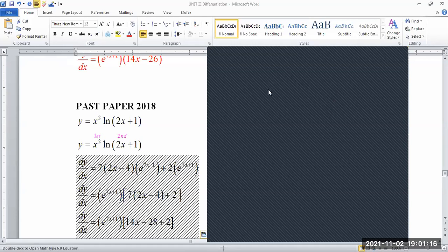What is the differential of 2x plus 1? 2. And then I'm going to plus the second, which is ln 2x plus 1, times the differentiation of the first. And when I differentiate the first, I'm going to get, you tell me, 2x.